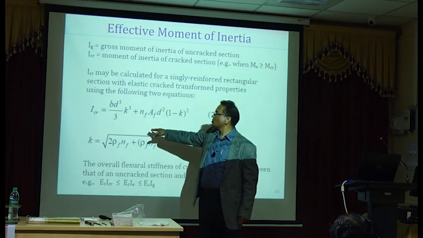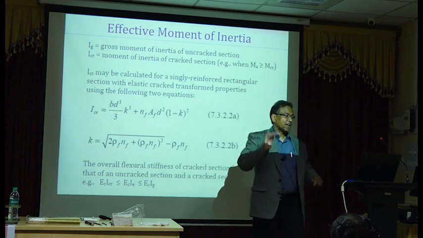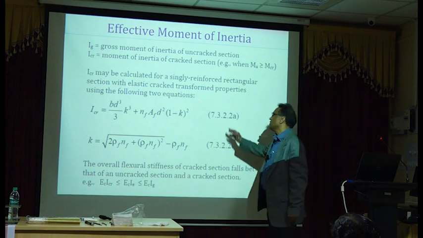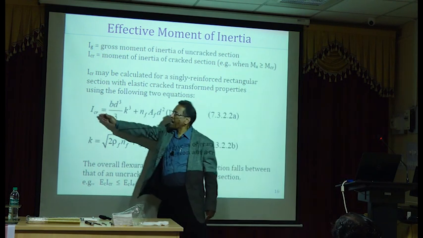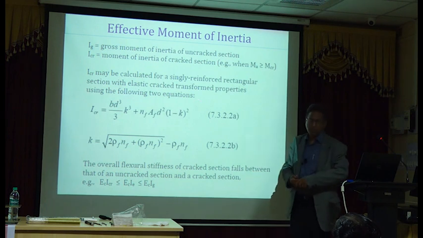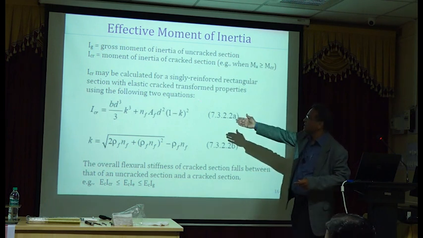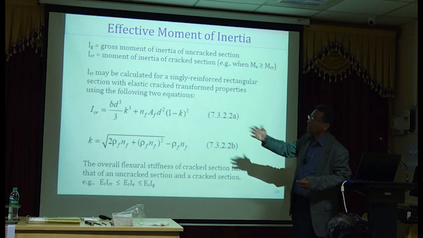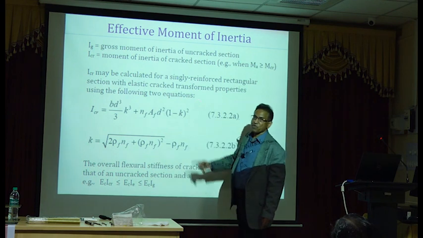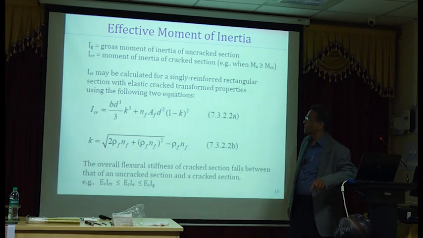And what we are going to do here is to find that effective moment of inertia. That's what we are going to do. So to find I sub CR under cracked condition, it's a very simple expression. I'm sure most of the books following Indian codes will have the same or a similar equation for steel reinforced concrete.